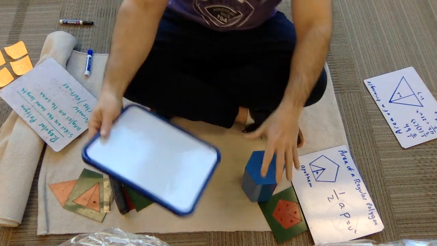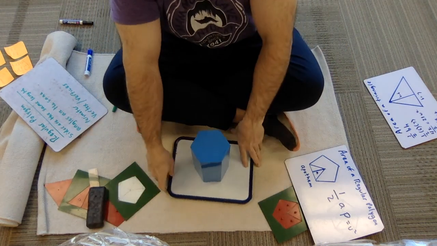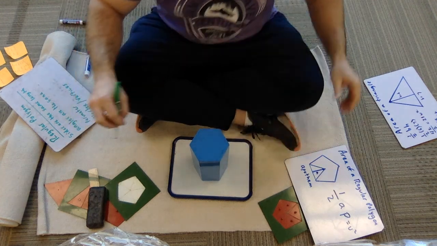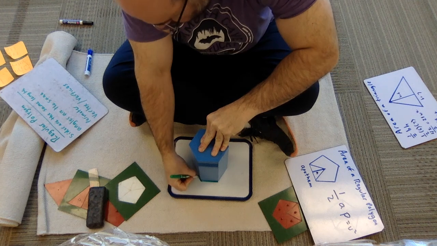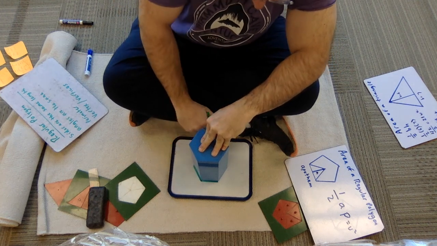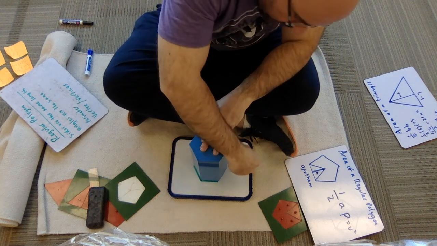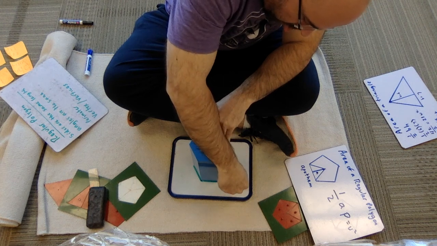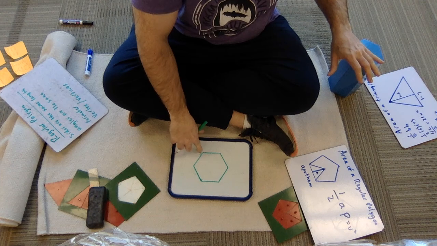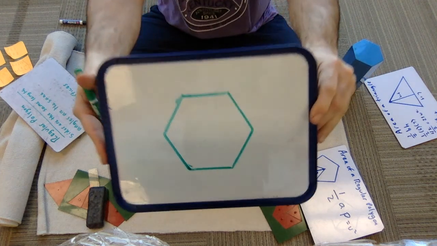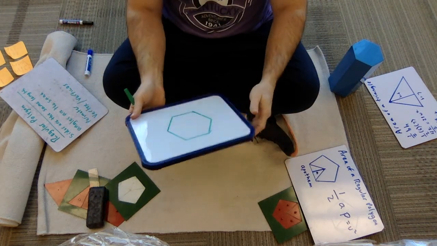So what I'm going to do, I'm going to trace it first. All right, here we go. Because like I said, this works for any regular polygon. All right, so there I have my hexagon. Okay. Yay. All right, so how am I going to find the area?